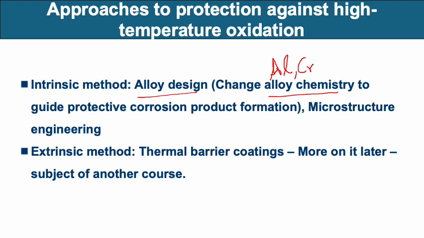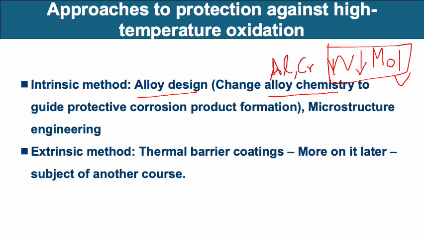We can also alter these alloying elements or reduce certain alloying elements that are deleterious for the properties, such as reducing the tungsten content. Tungsten can form a volatile oxide, and molybdenum can form a volatile gaseous corrosion product at high temperature. So we need to be careful with molybdenum and tungsten at high temperatures, because in aqueous corrosion, whatever we have discussed so far, we have always treated tungsten and molybdenum as beneficial alloying elements.